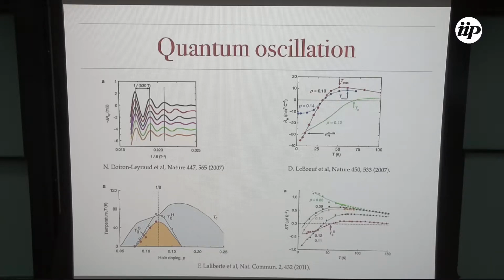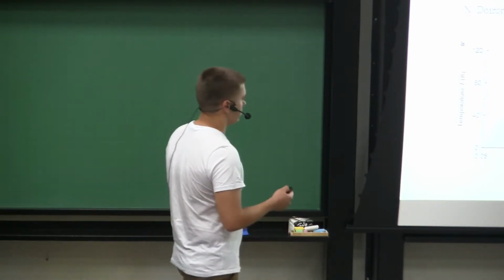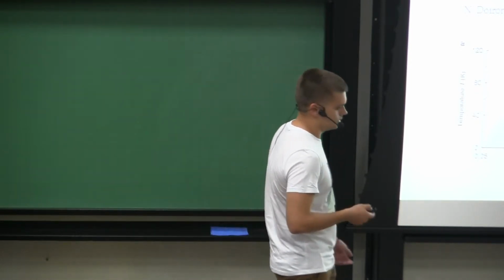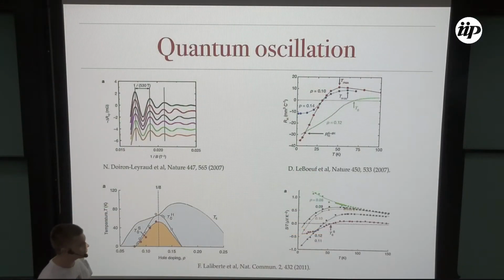Quantum oscillation implies that the Fermi surface, which was expected to be arcs that are not closed, becomes a closed pocket, and this pocket has a much smaller area than the Fermi liquid-like cylinder.